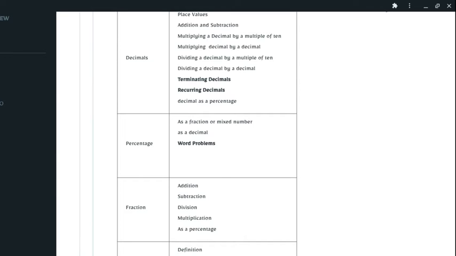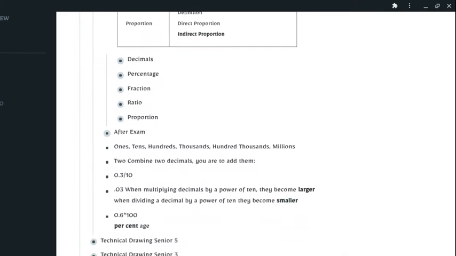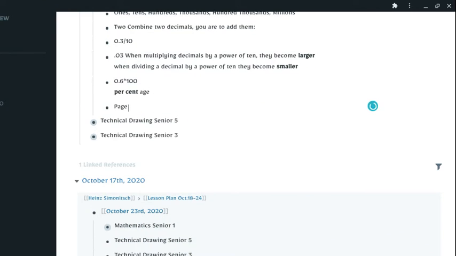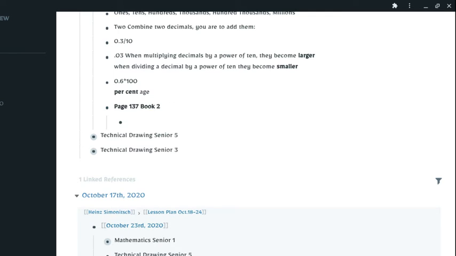I want to reference the book as much as possible. So let me write it down. Page 137, book 2. We're going to summarize what we learned about expressing it as a fraction. So percentage to fraction.